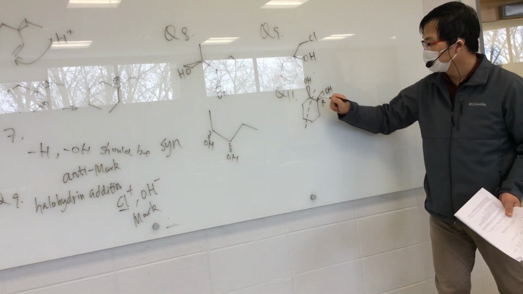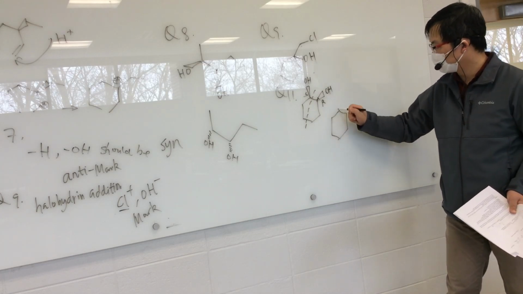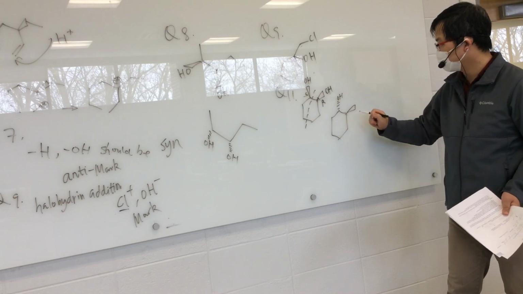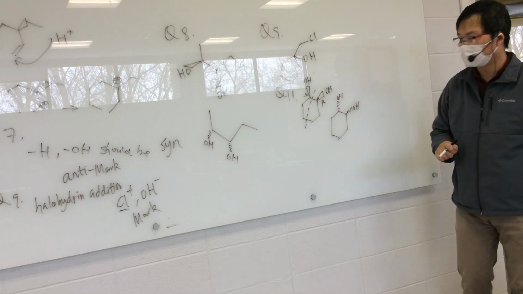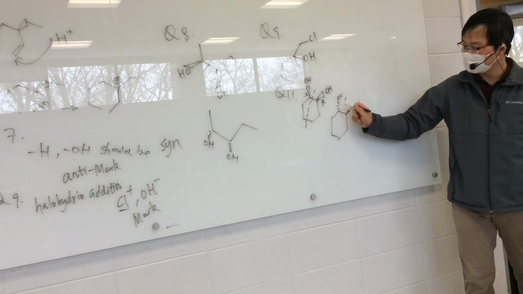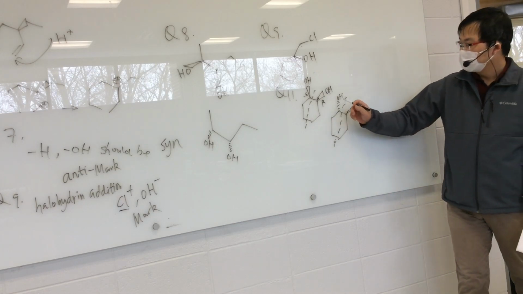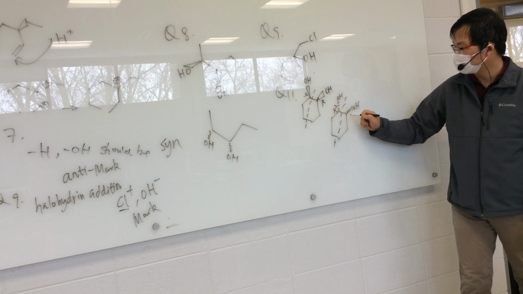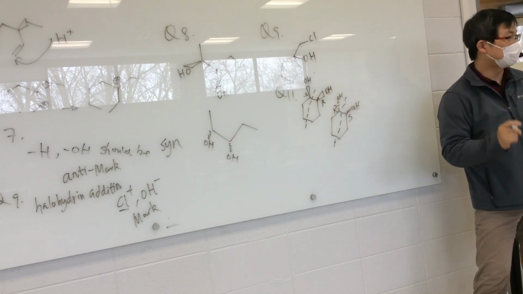If this is R, this must be S. And if you take a look at this one, this is behind, and this is behind. If you draw like that, again, there must be a symmetry plane. So this is S, this must be R, and this is R, this must be S. They are the same compound, right? We discussed this.